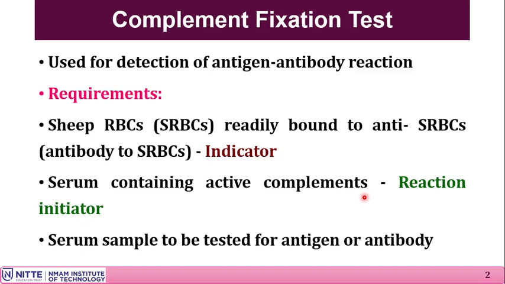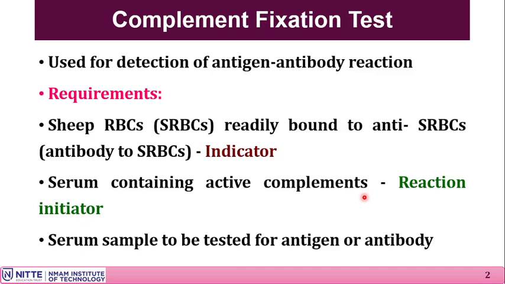So a serum sample which readily contains active complements is very much required in this reaction. Then the serum sample to be tested for the presence of antigen or the antibody is required.